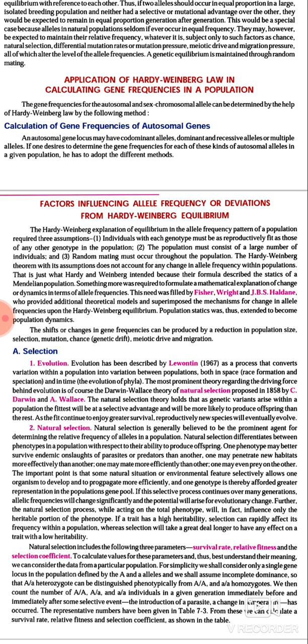Second, the population must consist of a large number of individuals. And third, random mating must occur throughout the population. The Hardy-Weinberg theorem with its assumptions does not account for any change in allele frequency within a population. That is just what Hardy and Weinberg intended, because their formula described the statics of a Mendelian population.